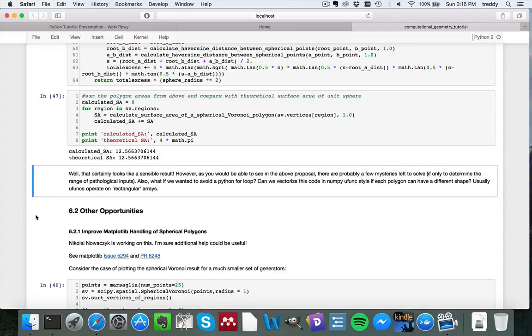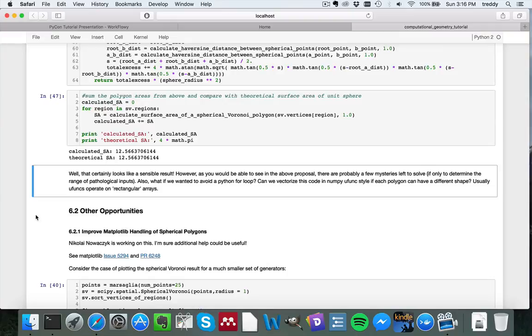So that's certainly a sensible result. That said, there's still a few issues to be resolved. If you think of the cases that might be a bit pathological, for example, you might have all of your data points in a single hemisphere, or just one point at the antipodes, at the poles, at the North Pole and the South Pole. Those cases are often pathological.